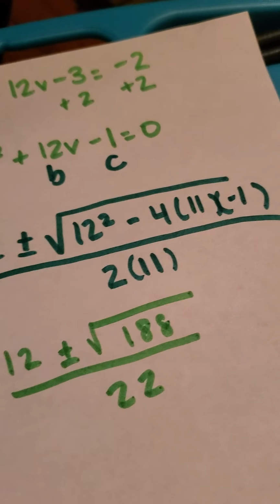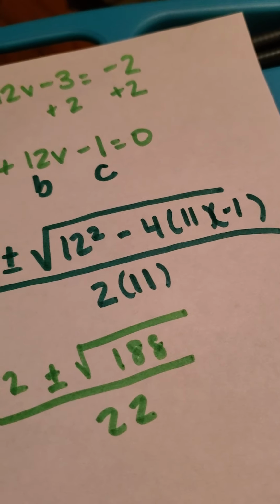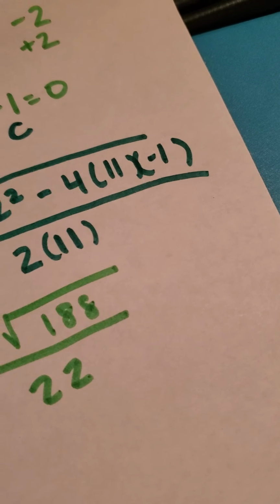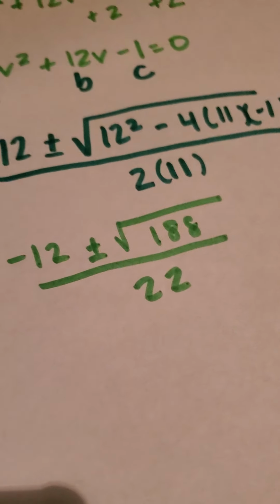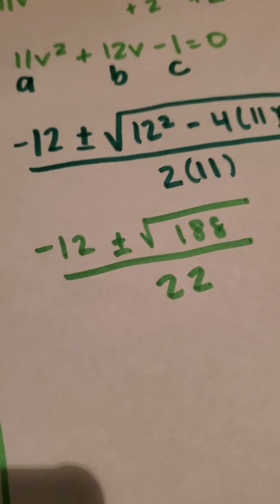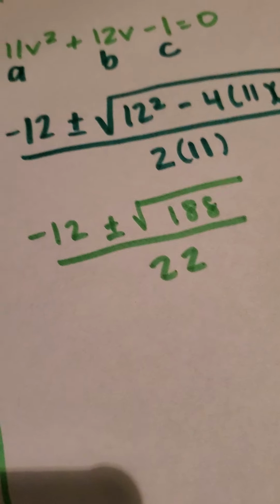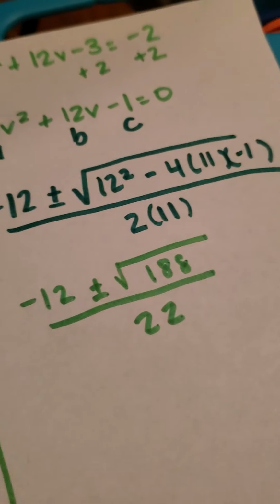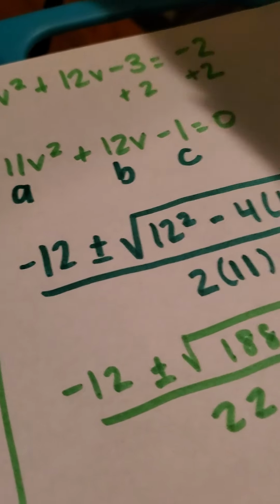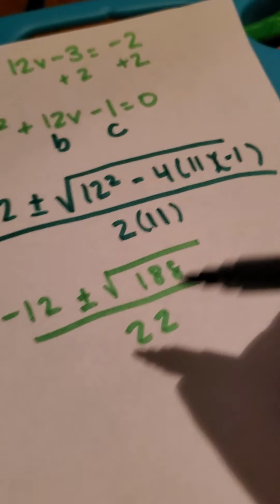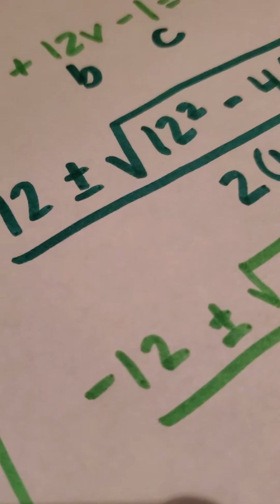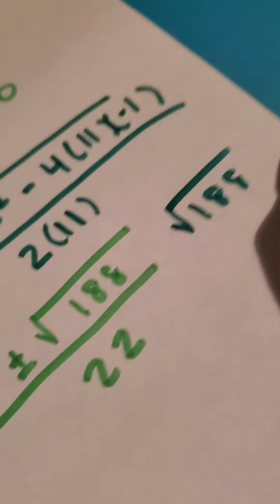Okay, so on this one, it looks like we do have to simplify these down just a little bit, and that's okay. So to do that, we're going to take that 188, the square root of 188, and we're going to factor tree that number down. So there it is.